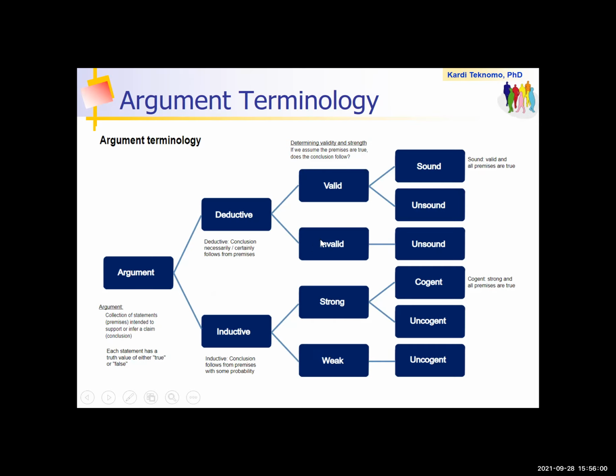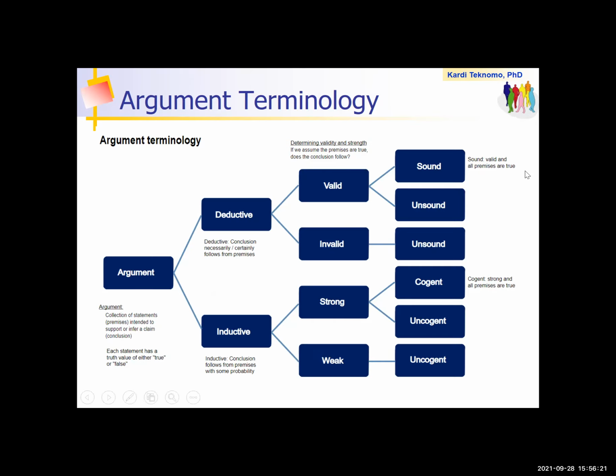Then you check to determine the validity or the strength. So if we assume that the premises are true, does the conclusion follow? Okay. Then we can say that deductive can be either valid or invalid.